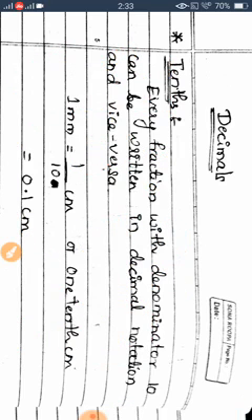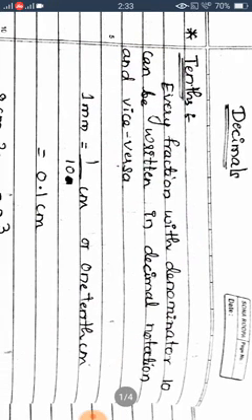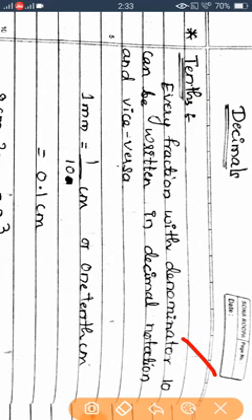So we can go for the definition, and at that time we can come to know. Tenths: every fraction with the denominator 10 can be written in decimal notation and vice versa. So for example, I want to convert 1 millimeter into centimeter.